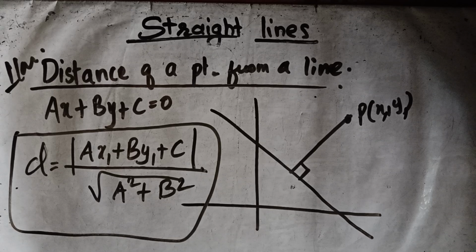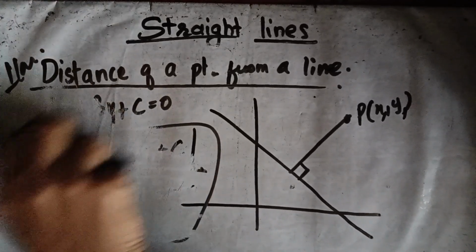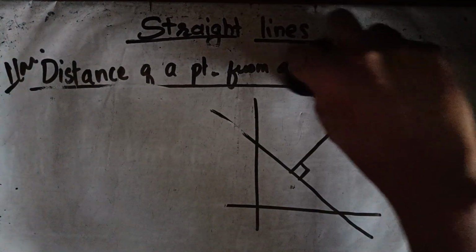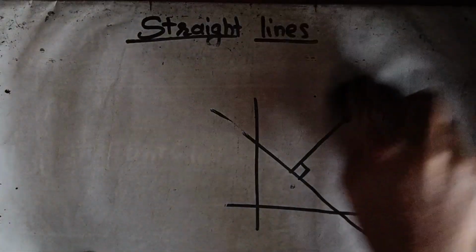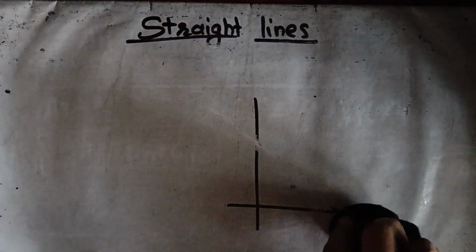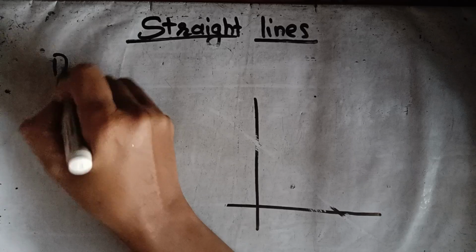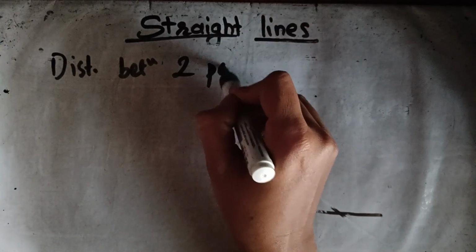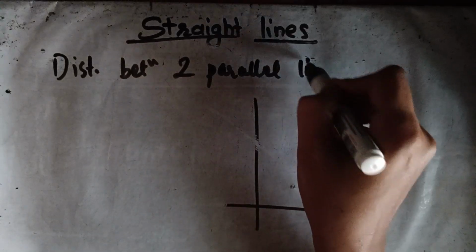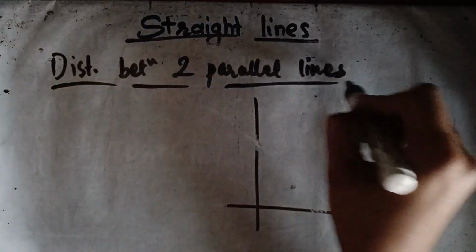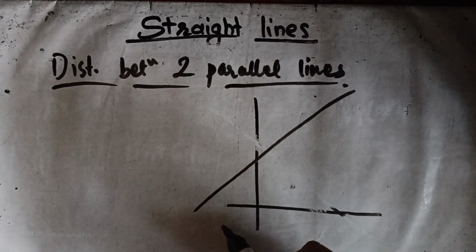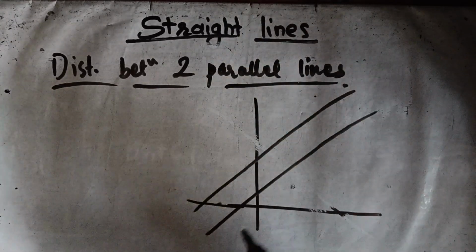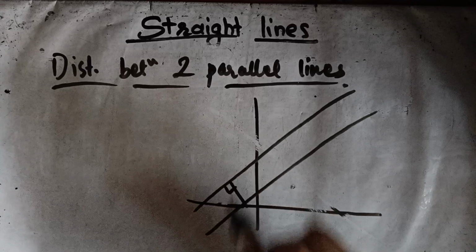Now there is one more formula, that is the distance between two parallel lines. If you have two parallel lines, the distance will be perpendicular, right? So the lines are like this. The distance is here, perpendicular.